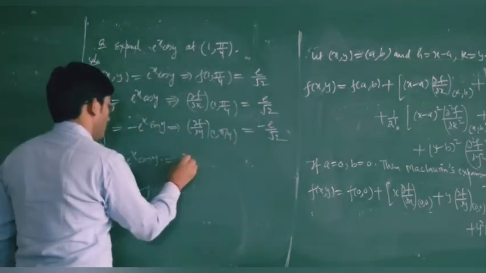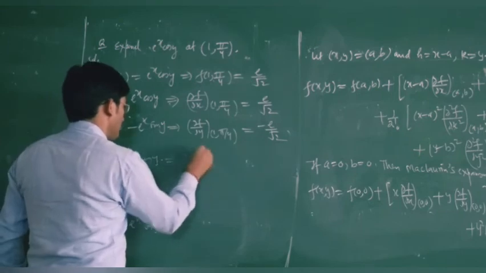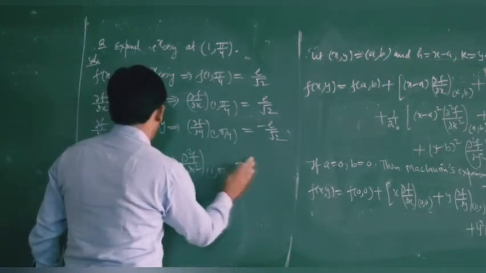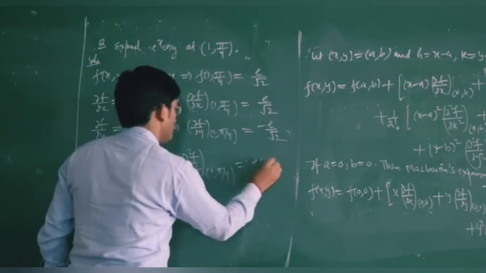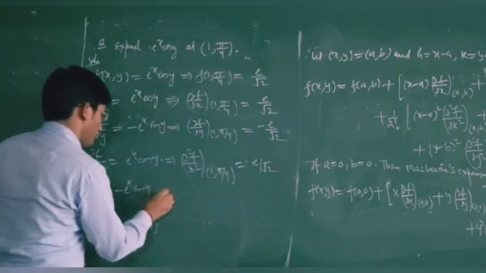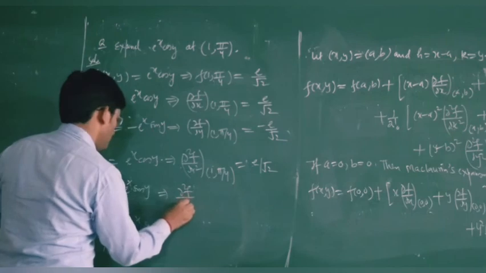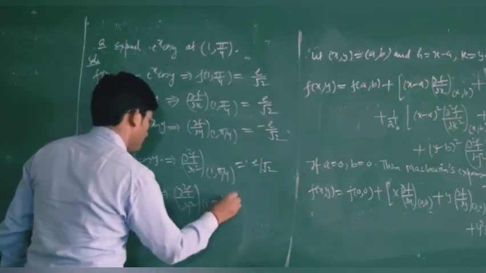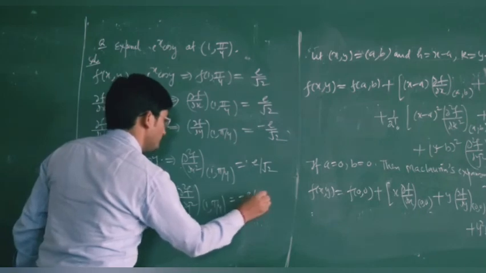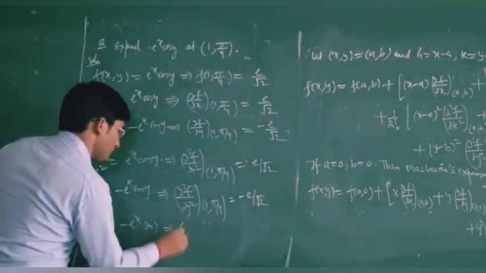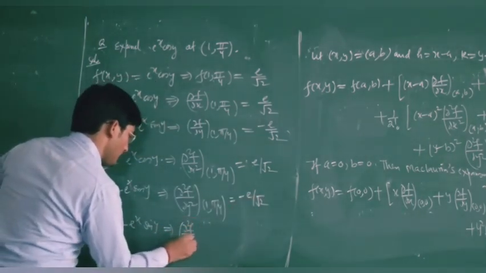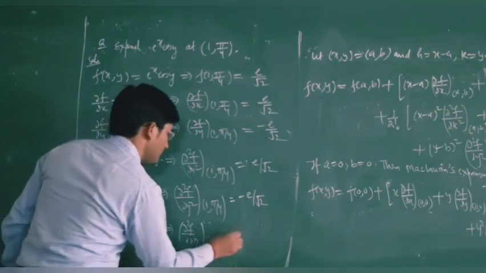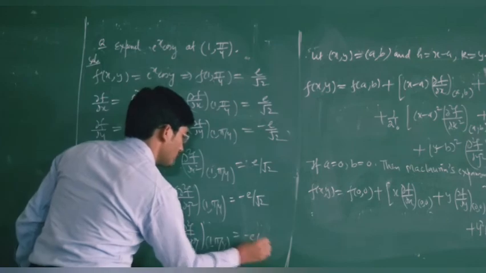Del 2 f upon del x2 at 1 comma pi by 4 is equal to e upon root 2. Del 2 f upon del y2 at 1 comma pi by 4 is equal to minus e upon root 2, and del 2 f upon del x del y at 1 comma pi by 4 is minus e upon root 2.